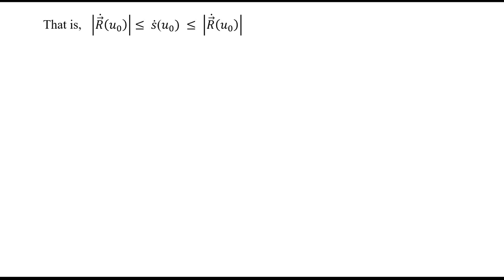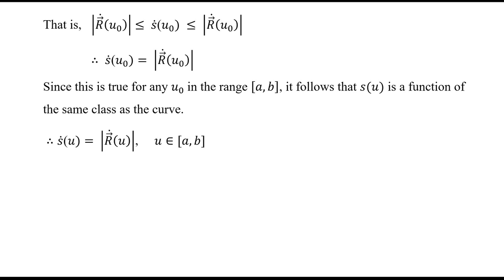We know that in vector notation, the dot represents differentiation with respect to u. So by the inequality we may write S dot of u naught equal to mod r dot of u naught. This can be written as dS of u by du equal to mod r dot of u naught.